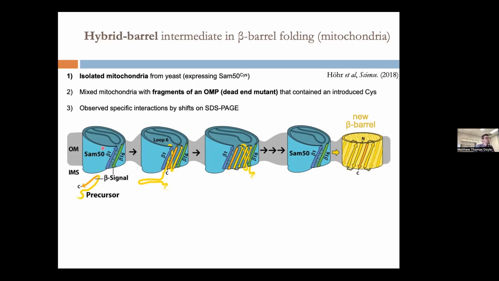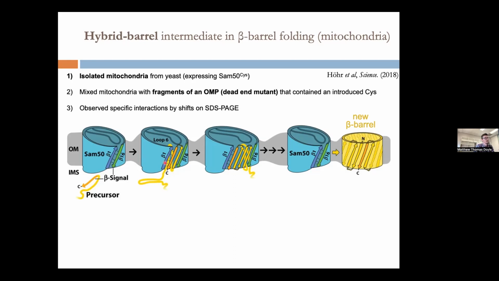And what they did was they designed an in vitro assay where they purified mitochondria that had expressed versions of SAM50 with single cysteines placed in its first or last strands. And then they synthesized fragments of barrels, also with a single cysteine, and added that to the mitochondria to see what would happen.